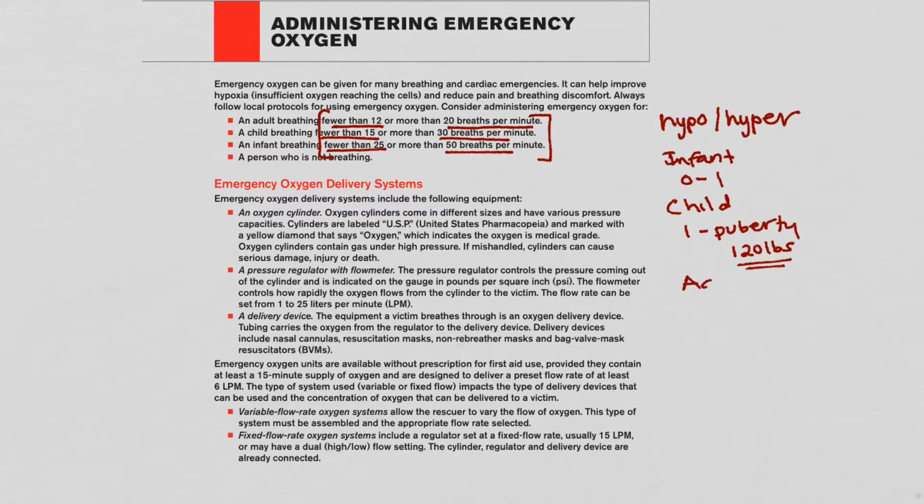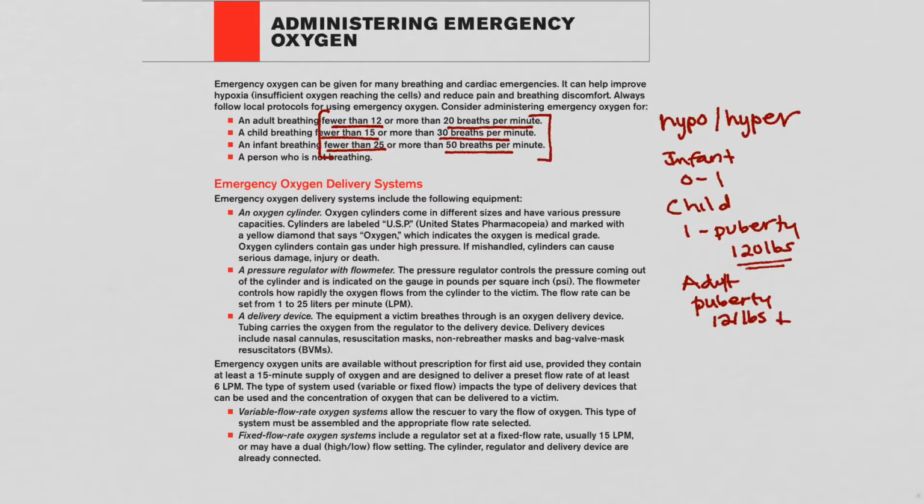And then an adult would be anyone that has reached puberty or is 121 pounds or greater. So hopefully that makes sense when you're deciding how to treat your patients. These are the Red Cross standards in terms of age differentiations between an infant, child, and adult.